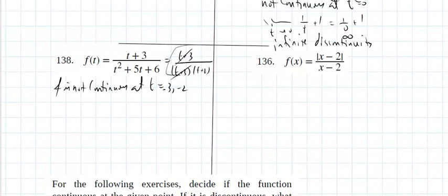Well, we canceled the 3 out, which means if I wanted to graph this, I'll be looking at y equal 1 over t plus 2. That has a vertical asymptote at negative 2, horizontal at 0. The graph passes through the point. If you put 0, you get a half. So the graph looks like this.